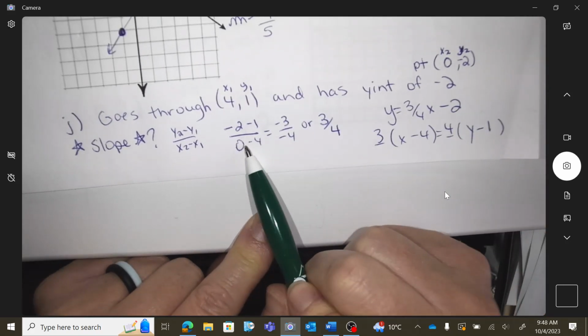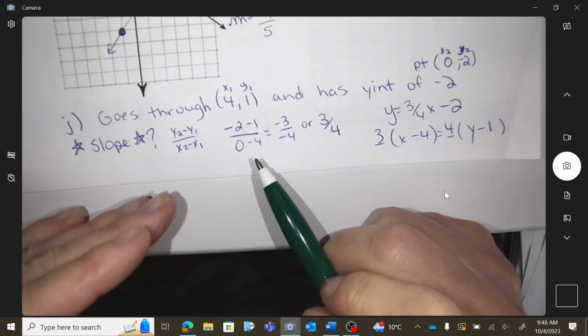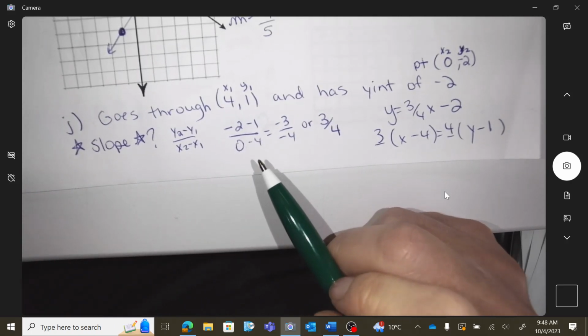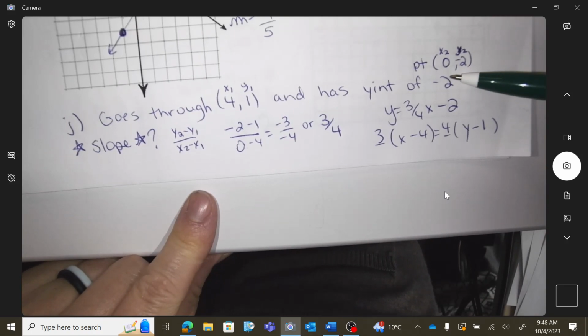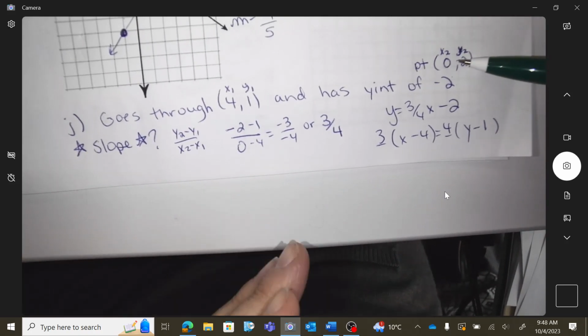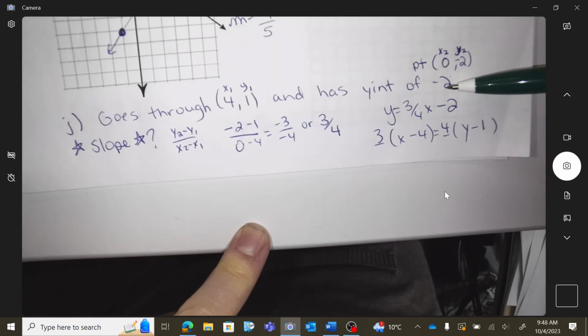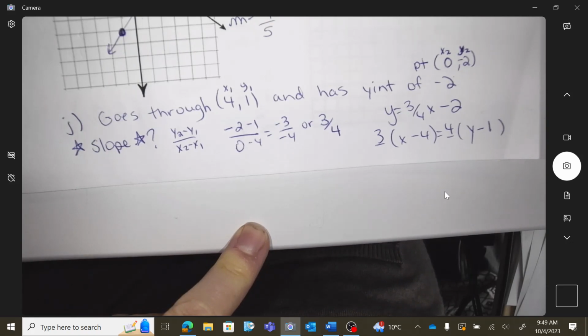But would you have noticed that you were missing slope? Okay, that's the biggest thing. You always have to have slope. No matter what you're doing, you have to have slope. This one tricks people because they forget the y-intercept is a coordinate, and that can help you get your slope. And then I noticed, do we get a graph?